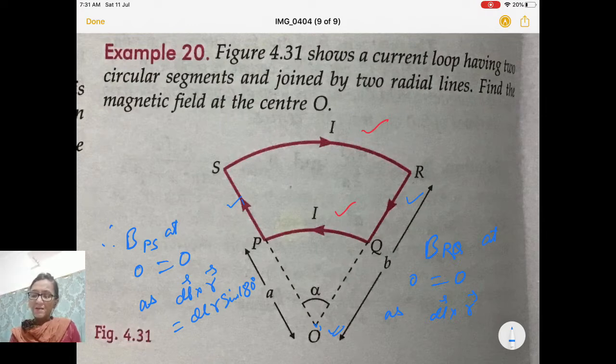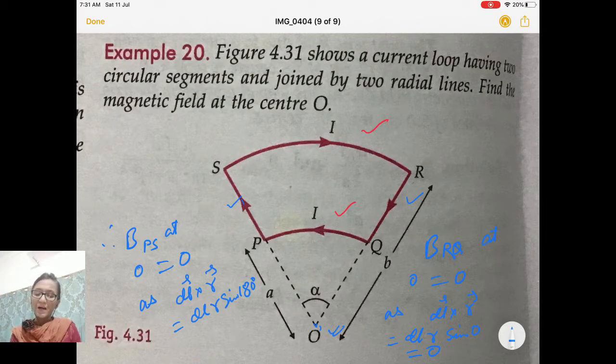So dl, the length element, and R are both in the same direction. So here the angle is 0, let me write the magnitude also, dl R sine 0, so the whole value becomes 0. So whenever you are to find the magnetic field at the position of the wire, in the direction of the wire, then you should immediately take the magnetic field as 0.